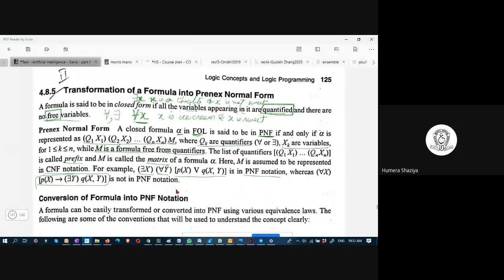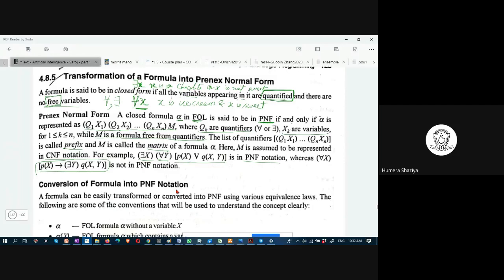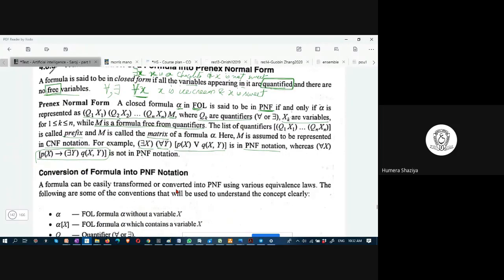What is the criteria? The criteria is to have quantified variables followed by the formula in CNF form. All right, this is prenex normal form.